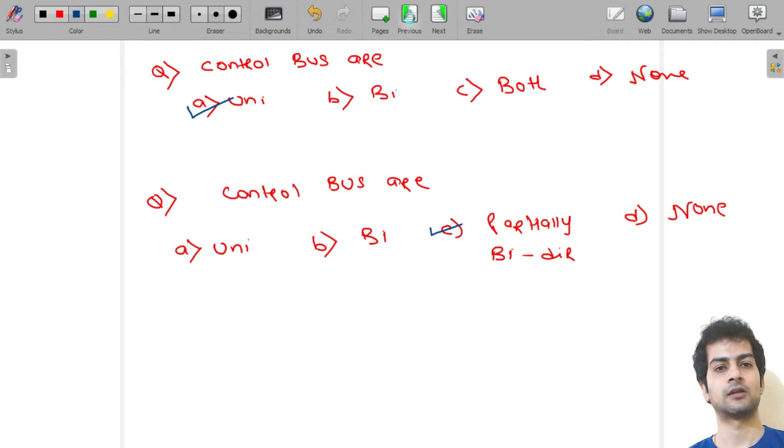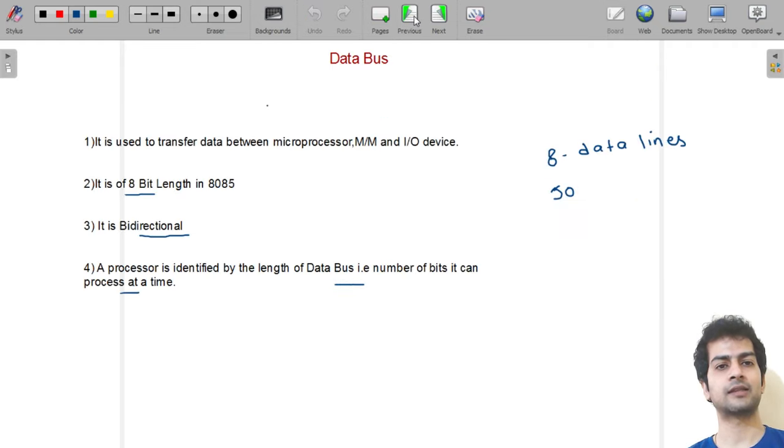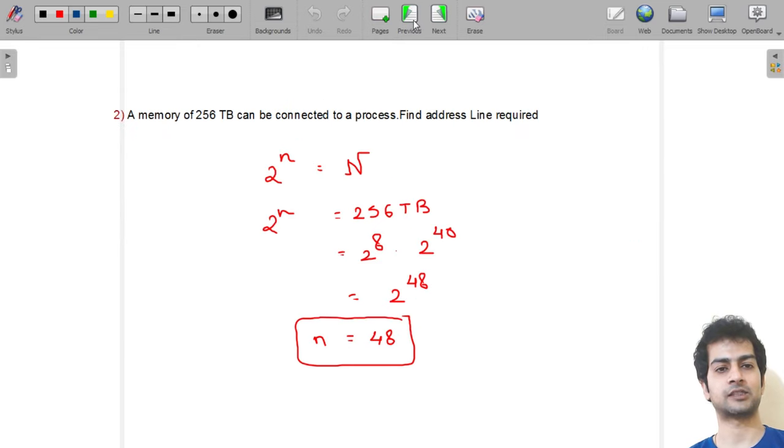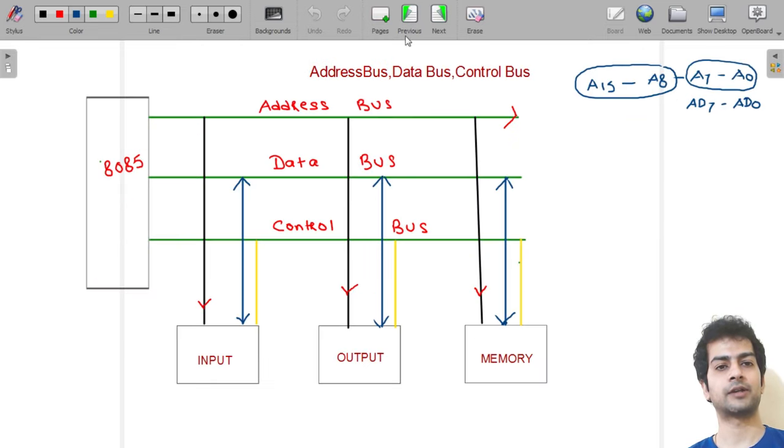Okay. Now, why am I saying that it is partially bidirectional? So coming back to this diagram. See, this is our control bus.